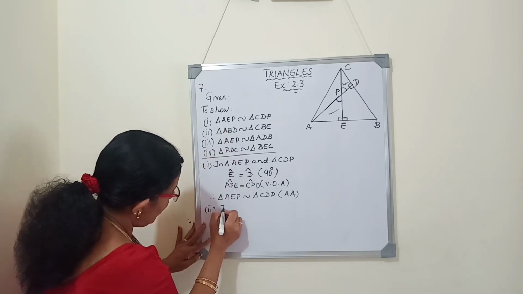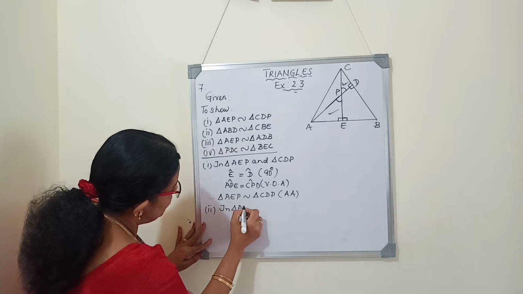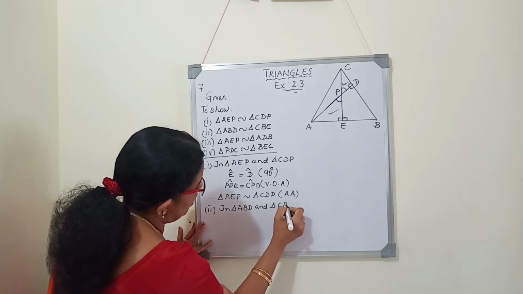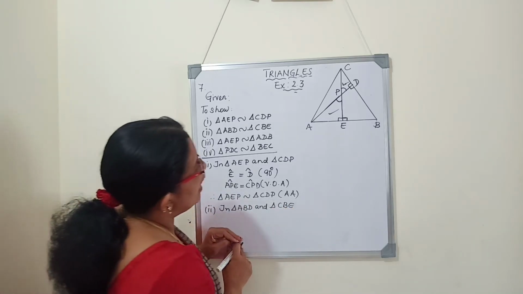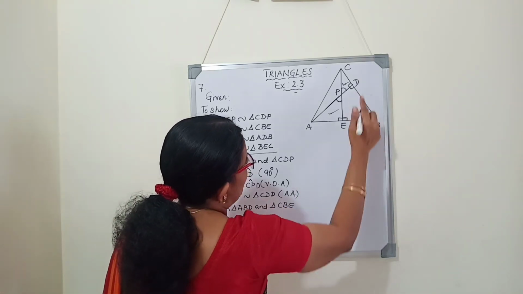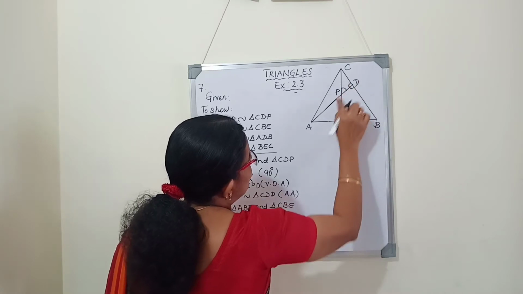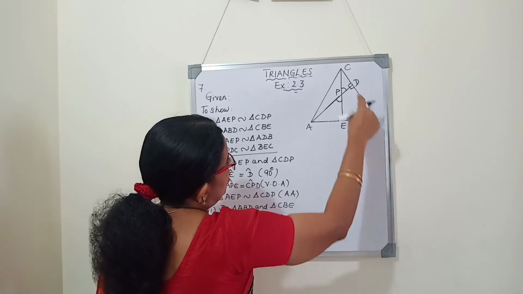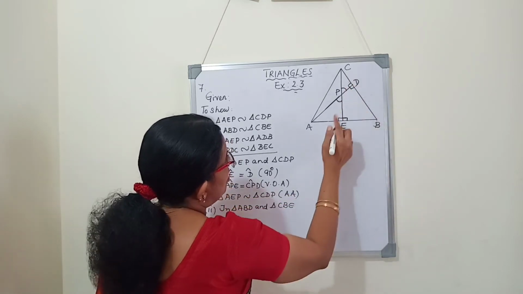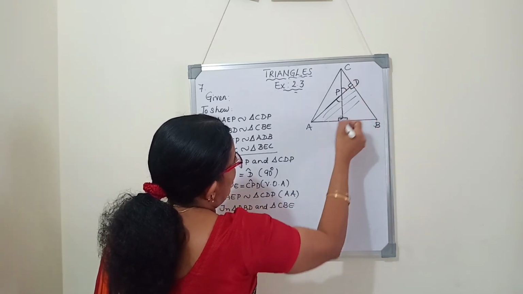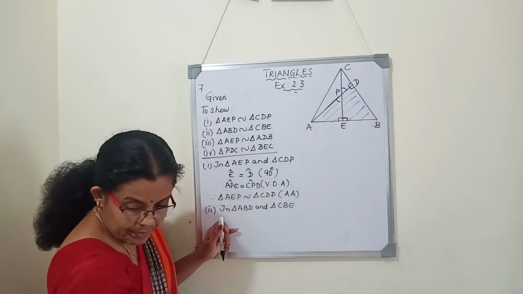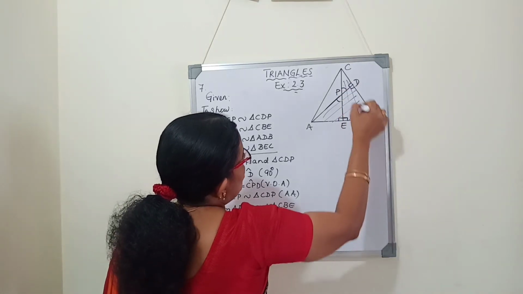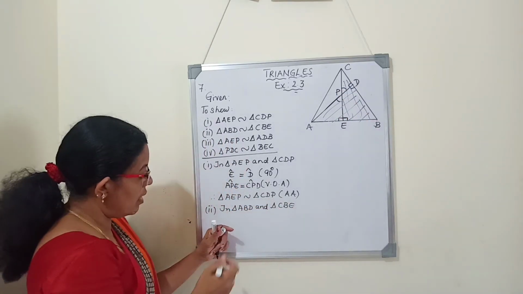Second one, triangle ABD and triangle CBE. This bigger triangle ABD and this triangle CEB, these two triangles we have to consider.